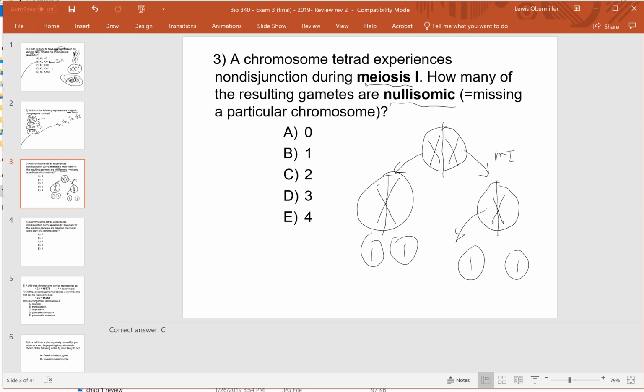But in a non-disjunction of meiosis 1, you would get 1 tetrad, 2 dyads. And this one you'd get none, because both of these would move over to this, and this would get none. So in the end, when this division occurs, we would get none, and then this division would occur, this would get 2.